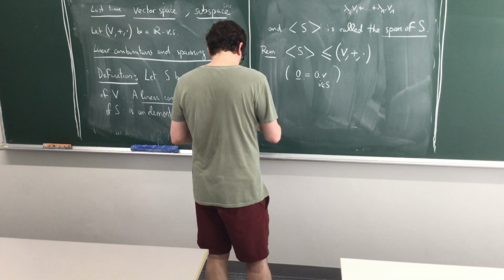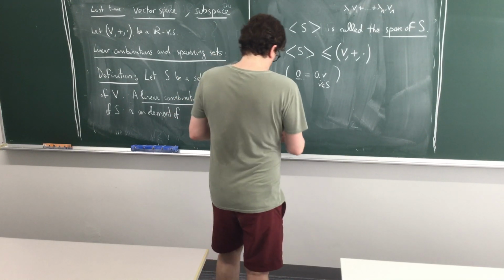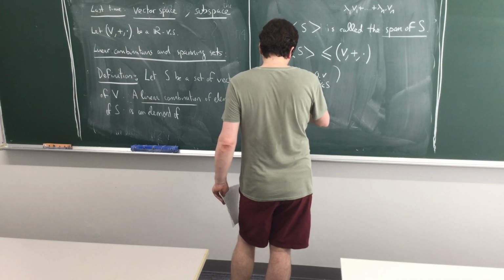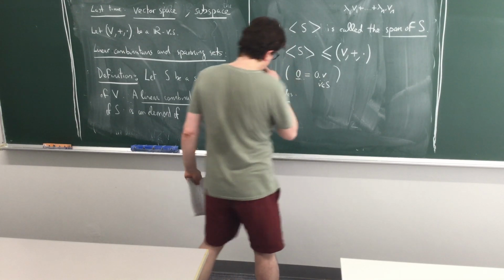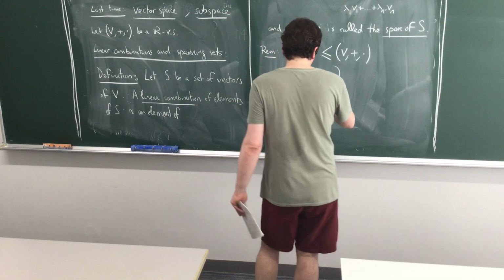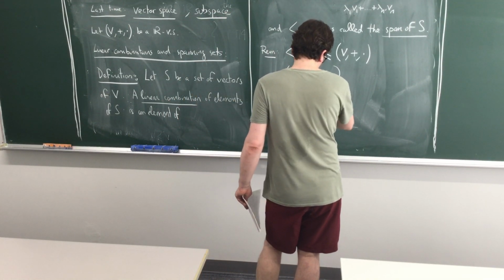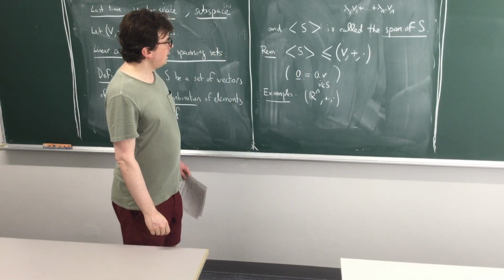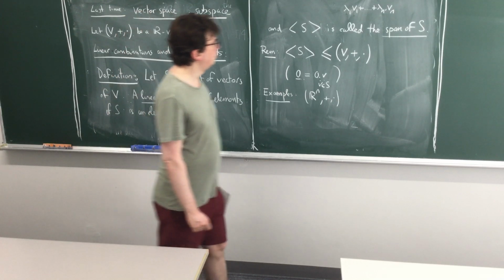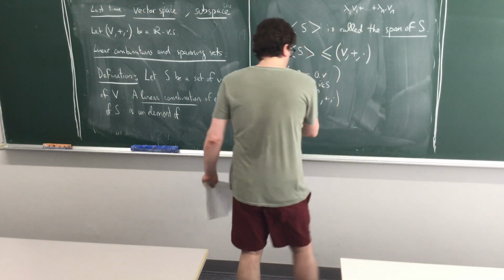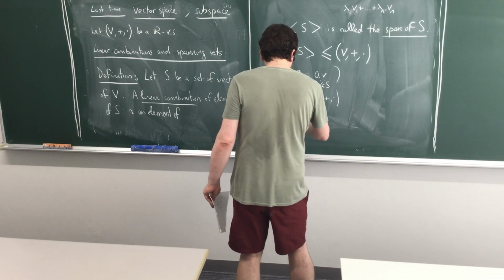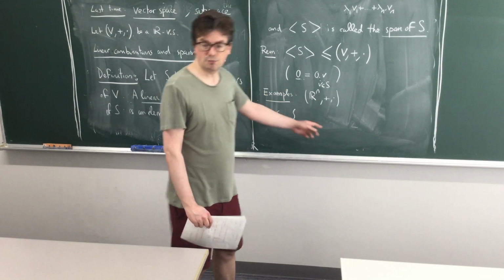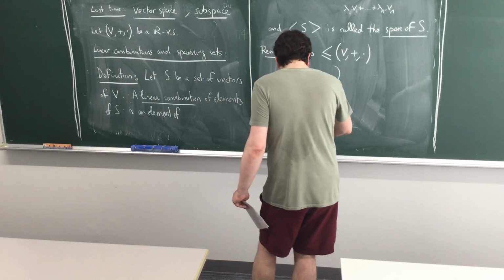Now, let me give some examples. If we come back to R^n, for example, we can take as S a set of vectors, so here it will be a set of n-tuples. I'm going to take the following set.